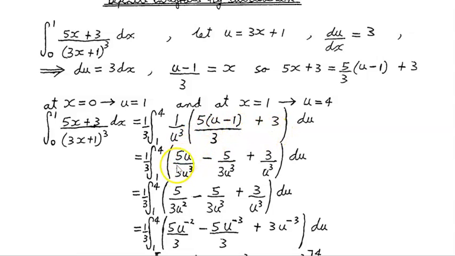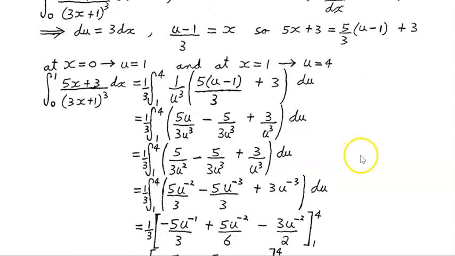We're left with 5u on 3u cubed minus 5 on 3u cubed plus 3 on u cubed. Tidying that up, we have the factor of 1 on 3 outside, the integral from 1 to 4 of 5 on 3u squared minus 5 on 3u cubed plus 3 on u cubed du.